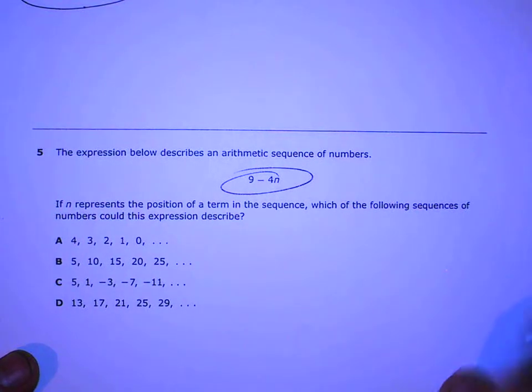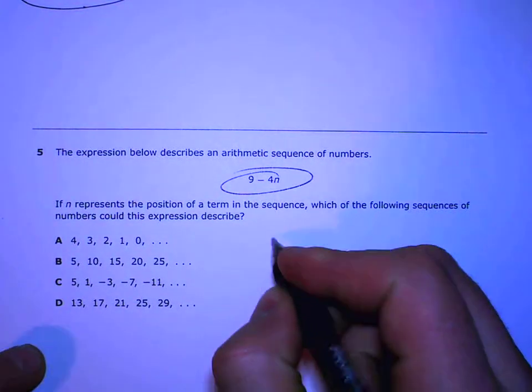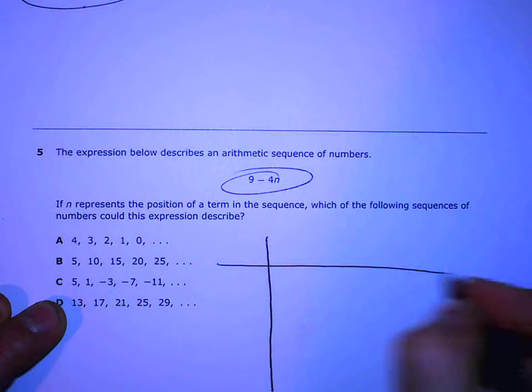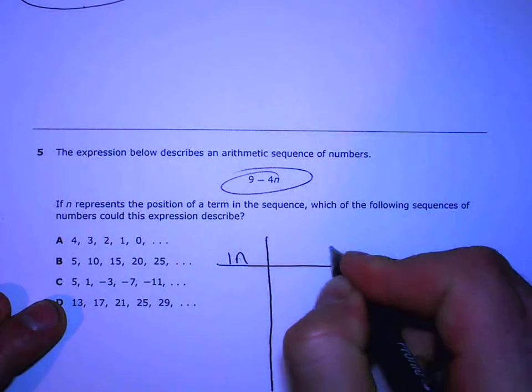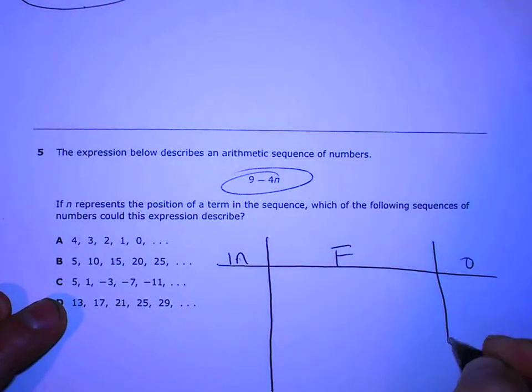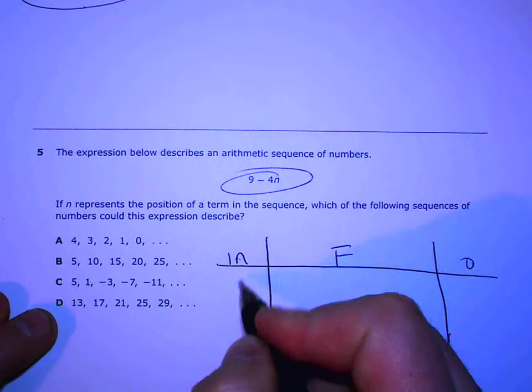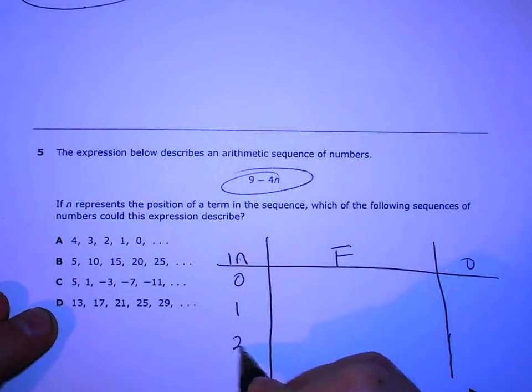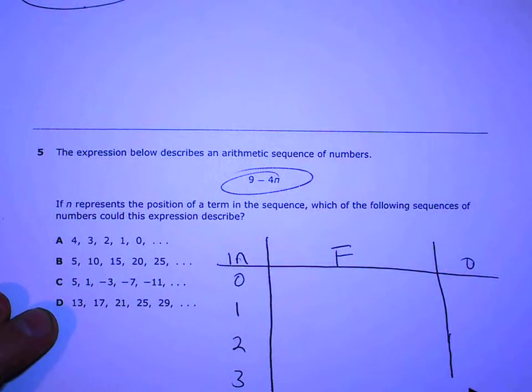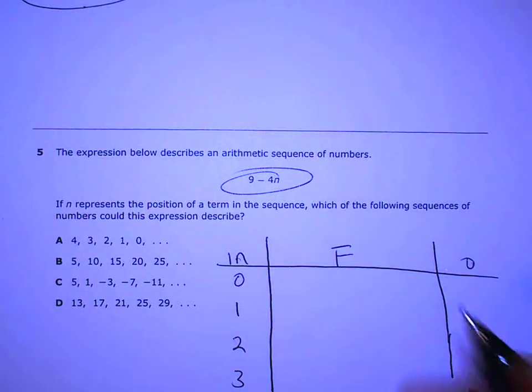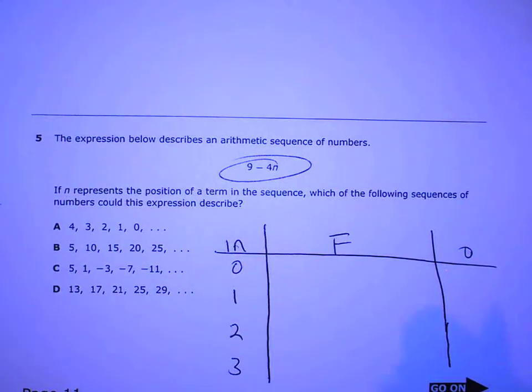How do I know where to start? Well, easiest place to start, good old info chart. Inputs. Start with 0 and go down, or go up, either way you want to call it. 0, 1, 2, 3. That's all I'm going to need, and I'll be able to identify the answer.